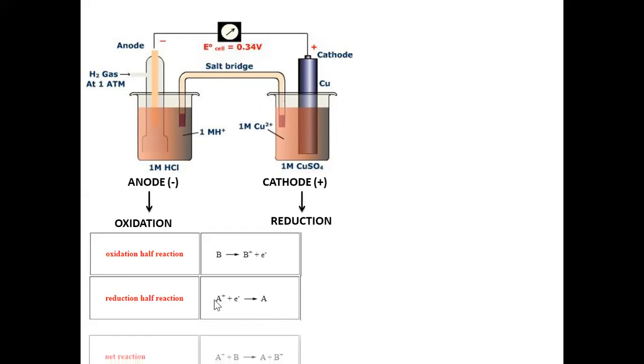Now, let's proceed with the net reaction. For the net reaction, we're just going to add both half-cell reactions, namely the oxidation cell and the reduction cell. So B plus A positive, forming the products A plus B positive. Now this cancels out the electrons.